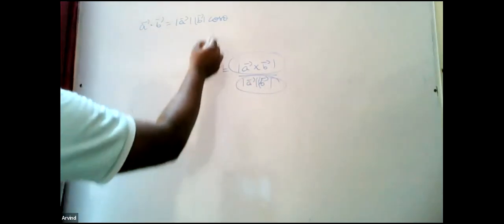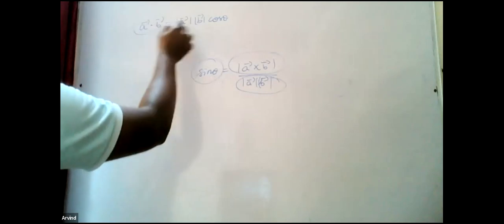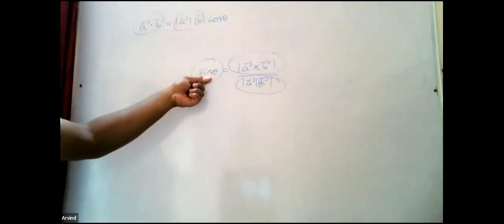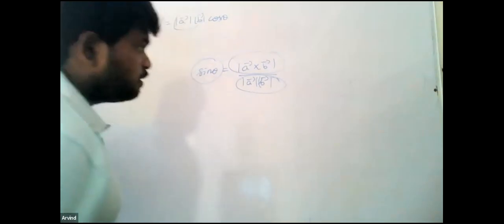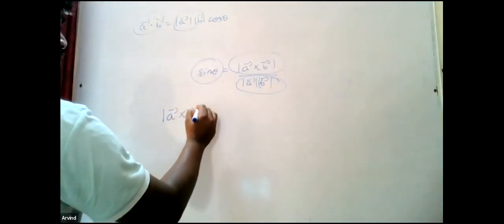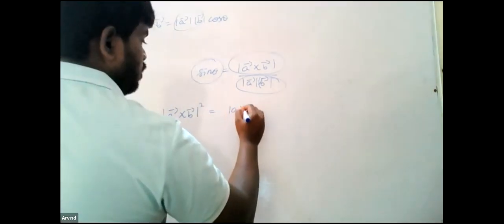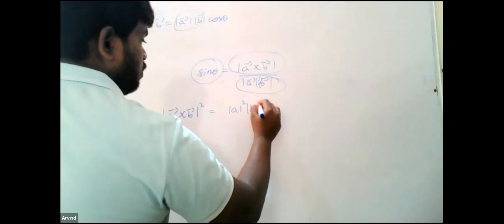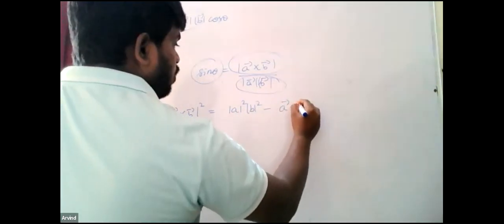For finding theta, use this. You know this a dot b, use this cos theta. Find the cos theta. Then once you find theta, put it here, you will get it. Or there is a direct formula: a cross b the whole square will be equal to mod a square mod b square minus a dot b.